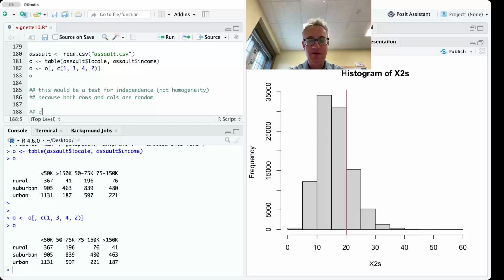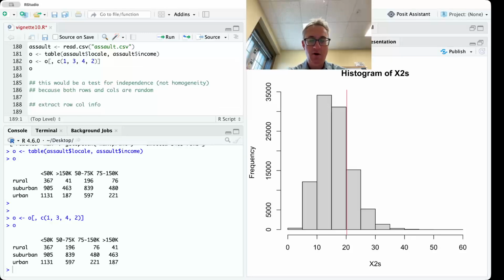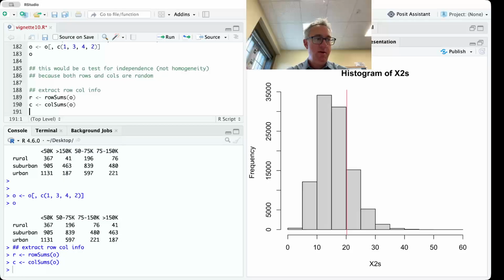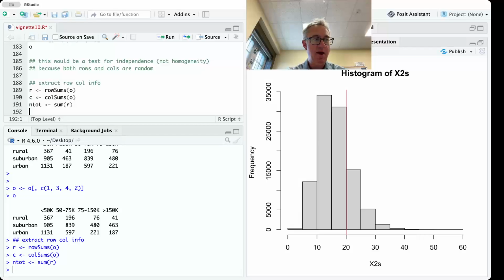So extract row col info. R is the row sums, and C is the col sums. And then n tot is the sum of everything, or just the sum of the R's or the C's. It doesn't really matter.